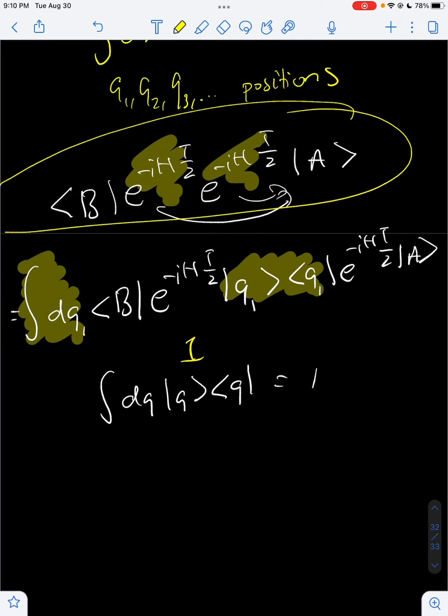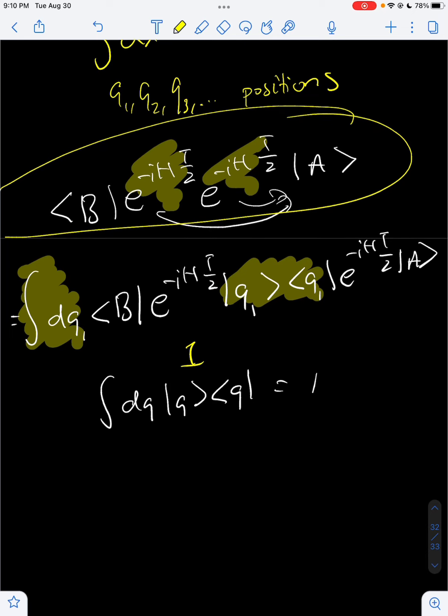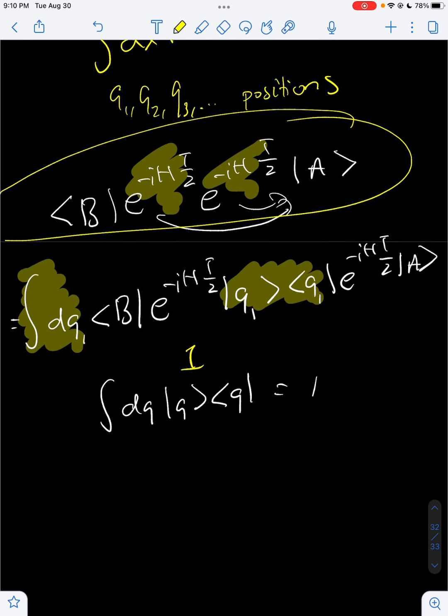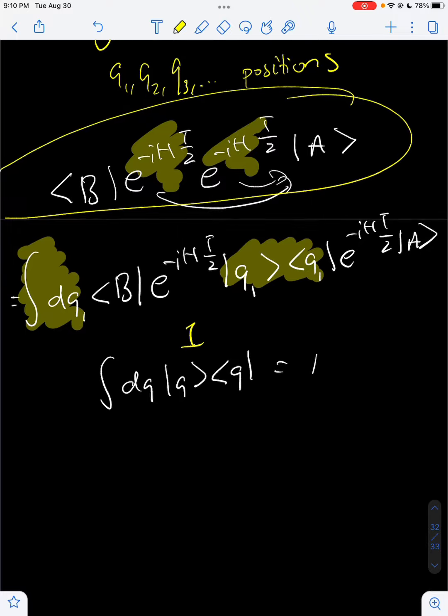So, what does this correspond to in the physical picture? Like, this is just some abstract math. What does it mean physically?